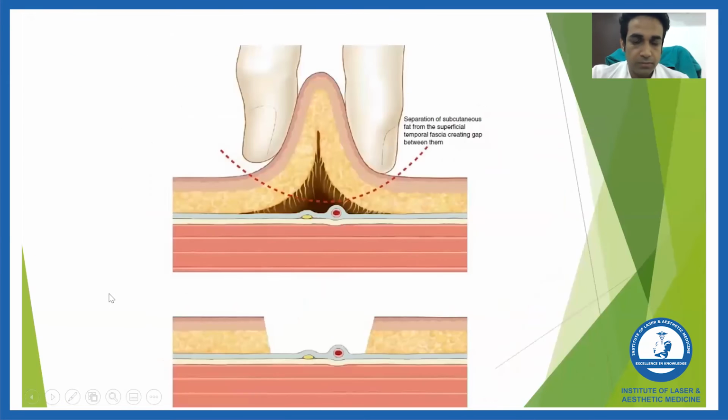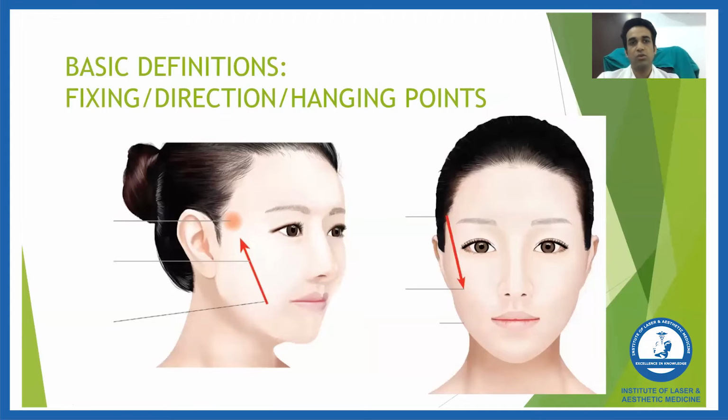Okay, so after so many talks about everything, now let me tell you the basic definitions to start off with threads. So there are three particular things and very basic things to know about threads. And these three important things are fixing point, direction vector, and hanging points, right?